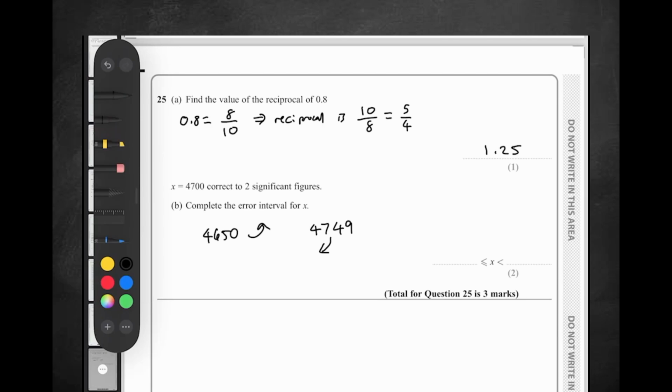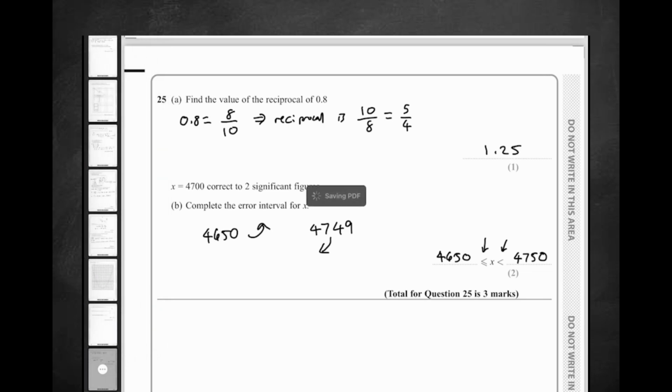But if we look at the answer, they have given us X is less than and X is greater than or equal to. So we do not want 4749, we want 4750 because it's not including 4750. And then the other one, we can use 4650, absolutely fine.